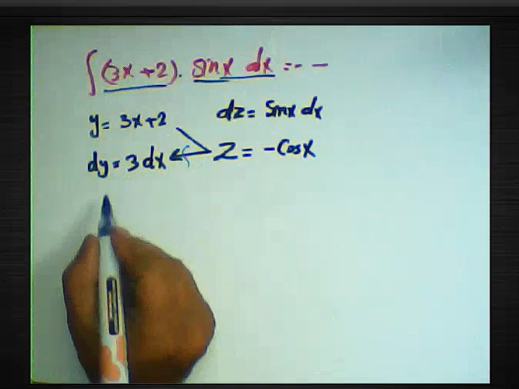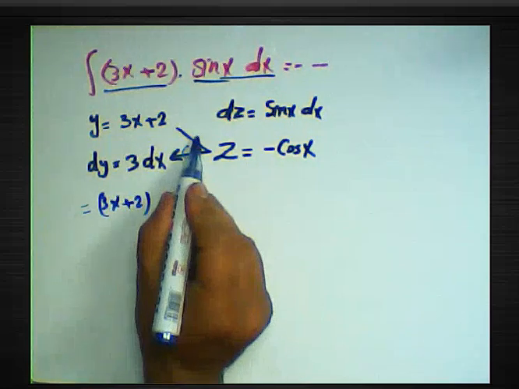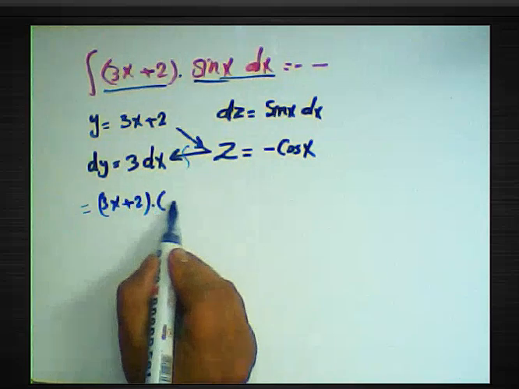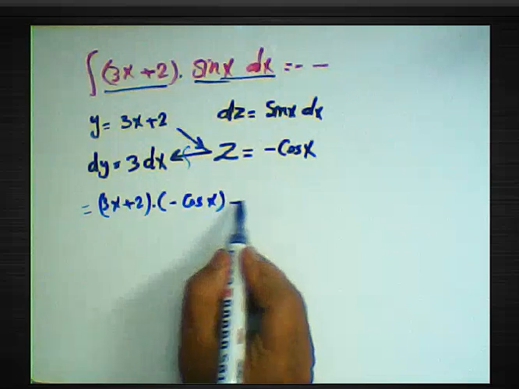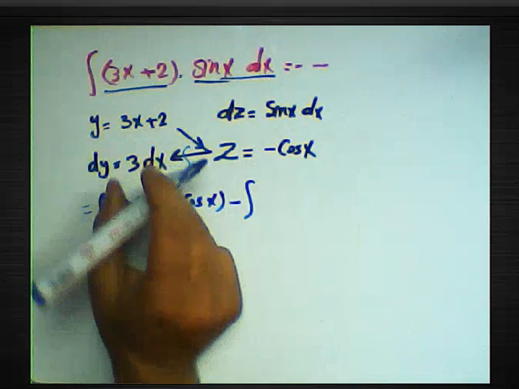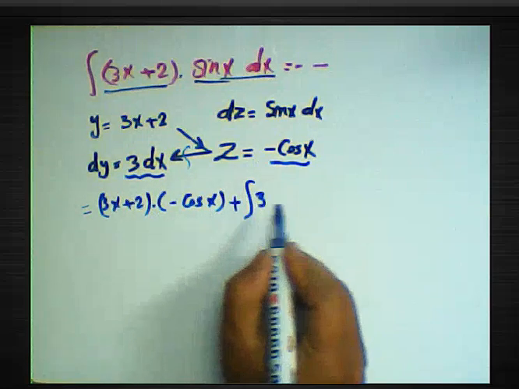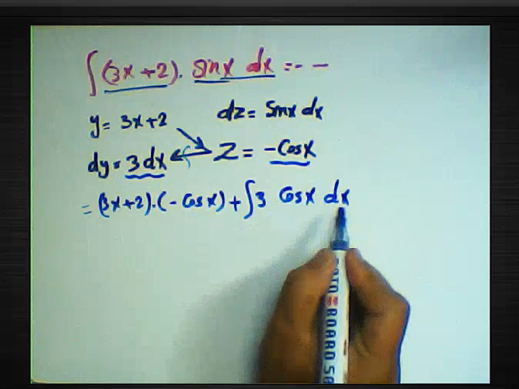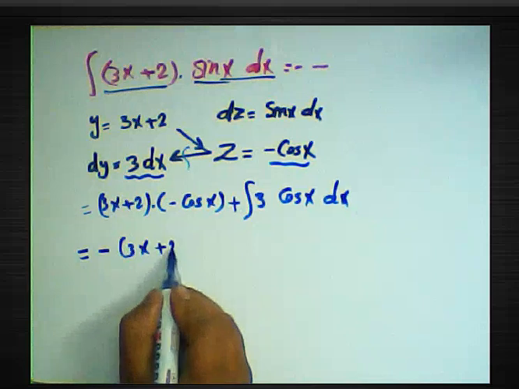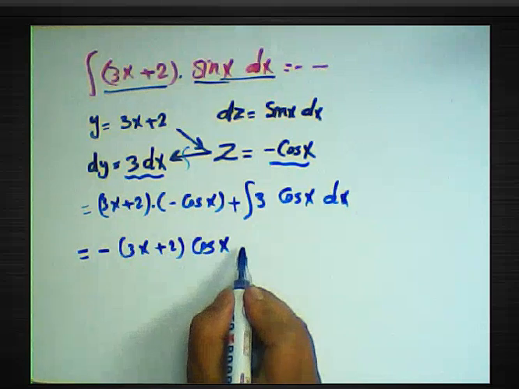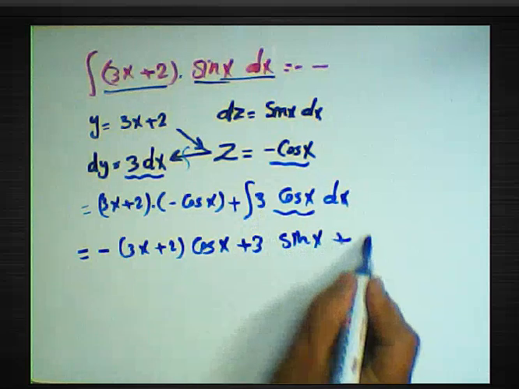Okay, write the multiplication here, 3x plus 2 multiplied by this function, negative cosine x, and negative integration of this function multiplied by this function, negative times negative equals positive, and 3 dx times this function will be 3 cosine x dx. And then we can write negative outside here, (3x plus 2) cosine x plus write 3 outside. The integration of cosine will be sine x plus constant.